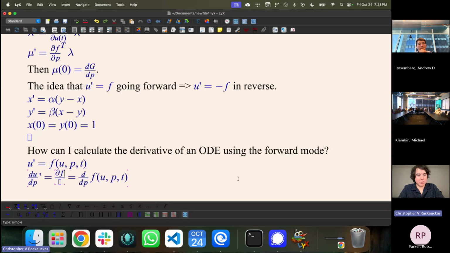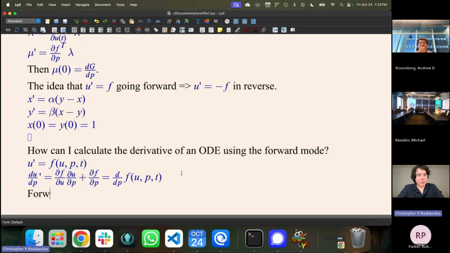So what's the chain rule here? This is partial f partial u, times partial u partial p, plus partial f partial p. And so this is what happens if you take the derivative of both sides of this ODE. It turns out this is something that's known as the forward sensitivity equations, right?